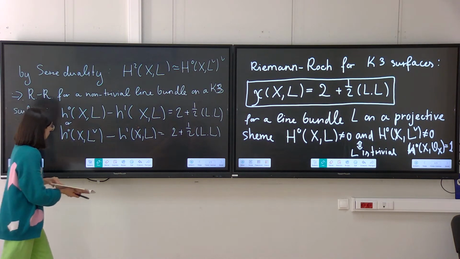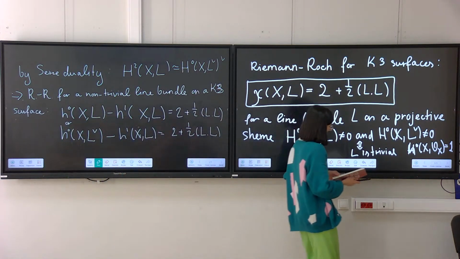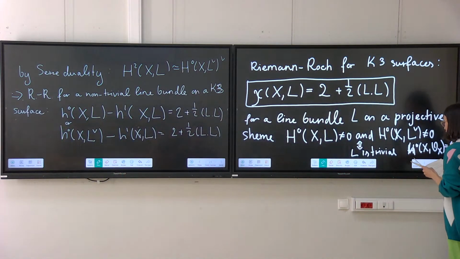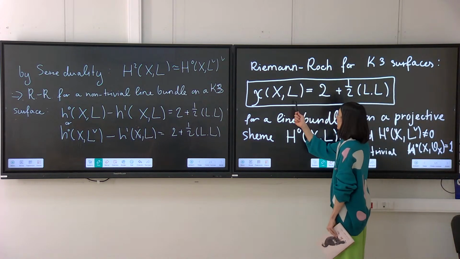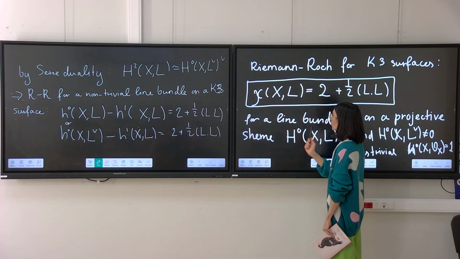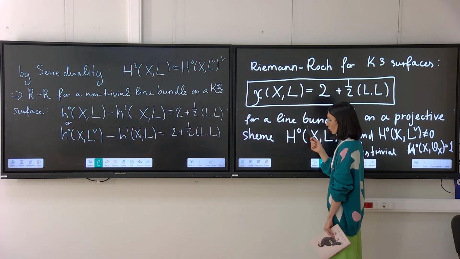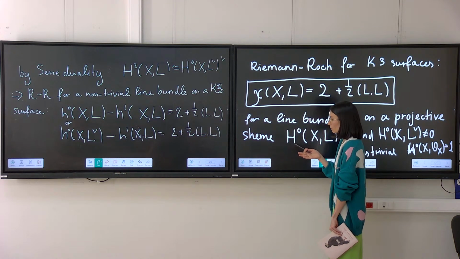And also let me state what we will obtain for ample line bundles. Of course, we have ample line bundles just for projective K3 surfaces.